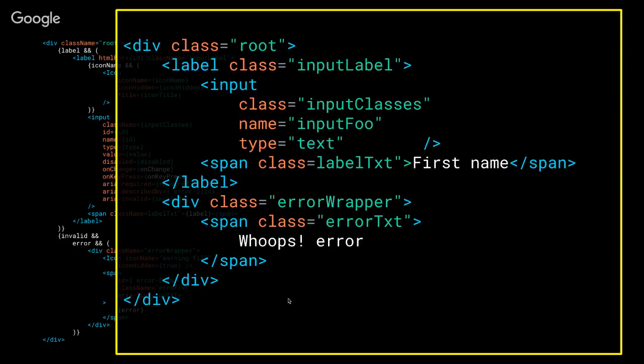Let's begin with what a semantic HTML pattern for an accessible label and input with error handling should look like. We have a label, we have your input, we have a span that has some label text, we have a div with your error wrapper and a span with your error text.